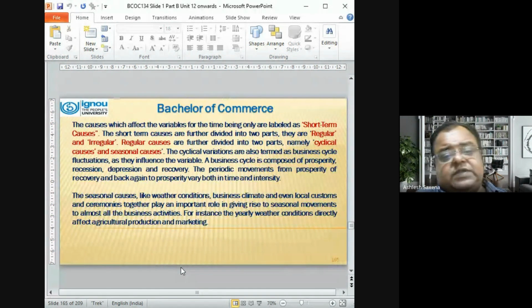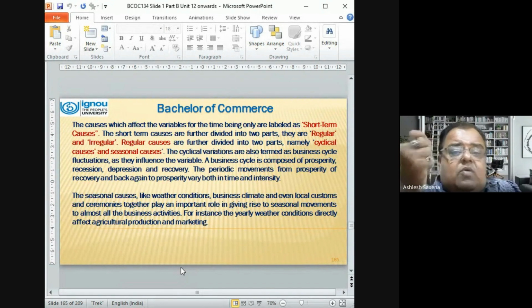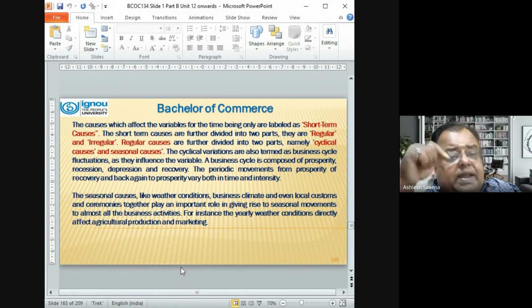The causes which affect the variables for a short time only are labeled as short-term causes. The short-term causes are further divided into two parts, and they are regular and irregular. Regular causes are further divided into two parts, that is cyclical and seasonal causes.